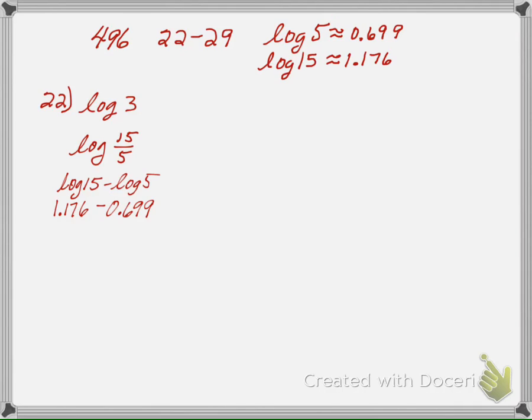So someone get your calculator, tell me what you get when you subtract 1.176 and 0.699. 0.467, thank you. All right. So if we subtract those two numbers, that's what we get for our value of log 3.